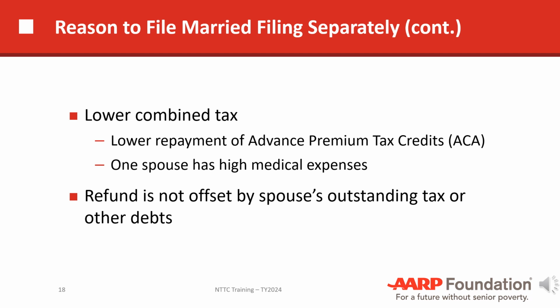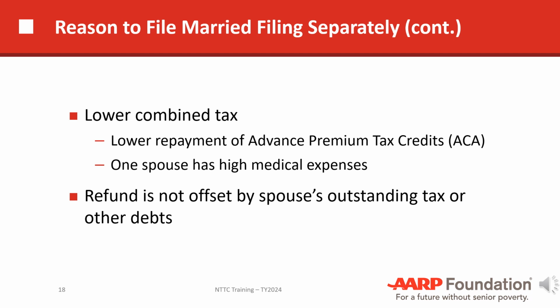A couple of other reasons why a married couple might want to file separately. Sometimes you will find that the married couple actually has a lower combined tax when they file separately. It doesn't happen often, but it does sometimes happen. So especially if they have health insurance through the ACA, often called Obamacare as well, they may have a lower repayment of the advanced premium tax credits that they received for their health insurance.